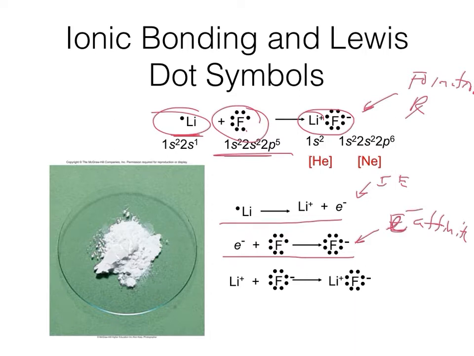And then this would be the formation. This formation would correspond to the lattice energy. So, ionization energy, electron affinity, lattice energy. Sounds like we're going to talk about energy.